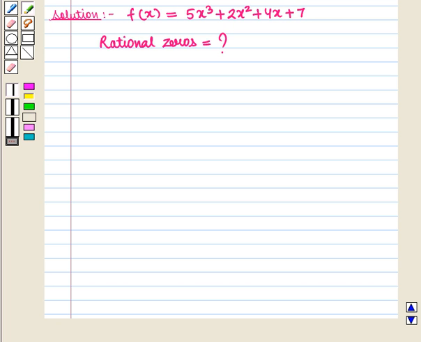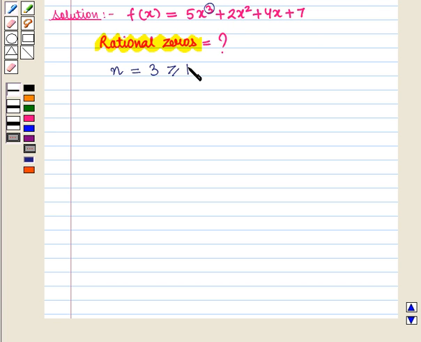In this question, we have to find all the rational zeros of the function f(x) = 5x³ + 2x² + 4x + 7. Now, we are given a polynomial function with n equal to 3, which is greater than or equal to 1.